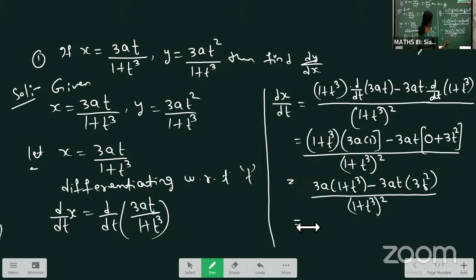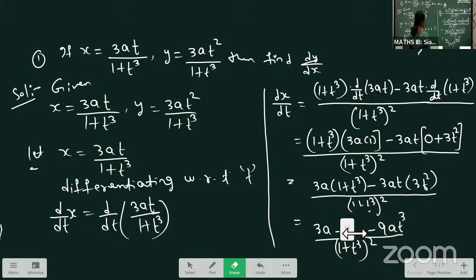So multiply: 3a plus 3at cube minus 3 3 is 9at cube, divided by (1 plus t cube) whole square. So numerator: 3a plus 3at cube minus 9at cube. 3at cube minus 9at cube is minus 6at cube.